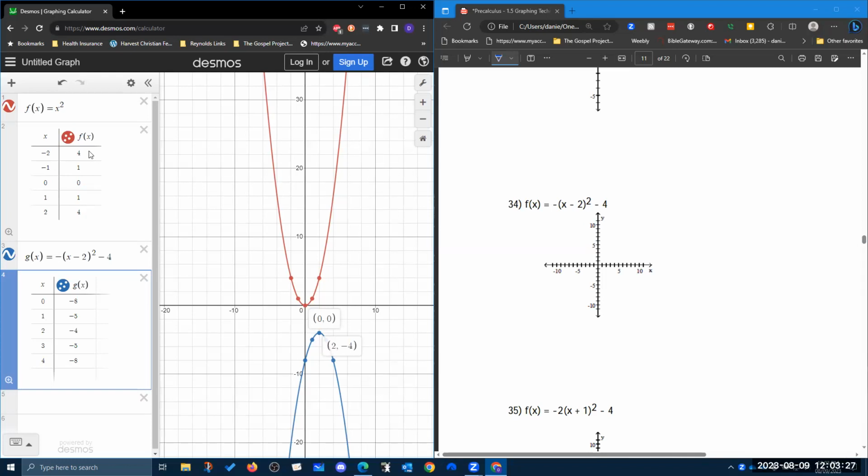So let's go ahead and go 1 to the right and 1 down, 1 to the left and 1 down, 2 to the right and 4 down, 2 to the left and 4 down. So opposite sign for all of these changes here.